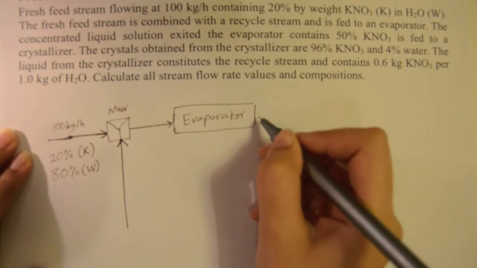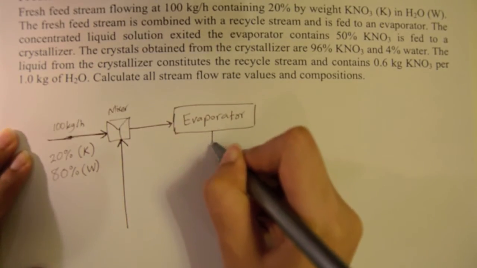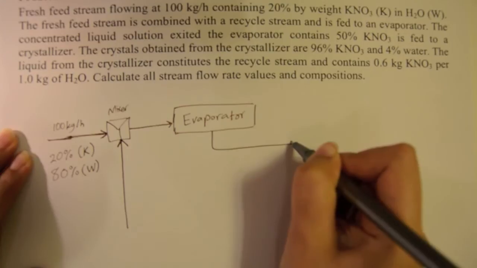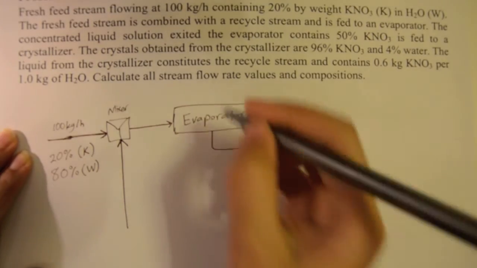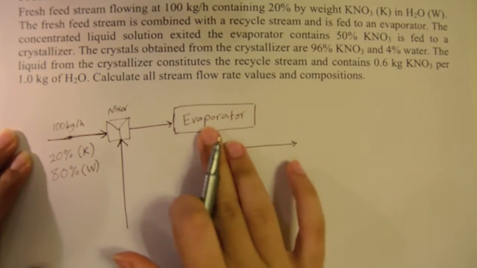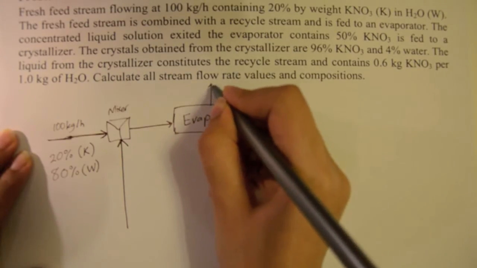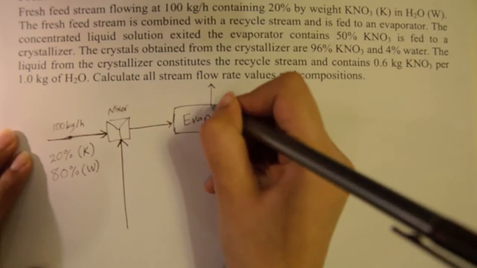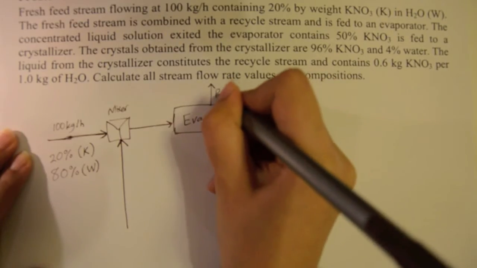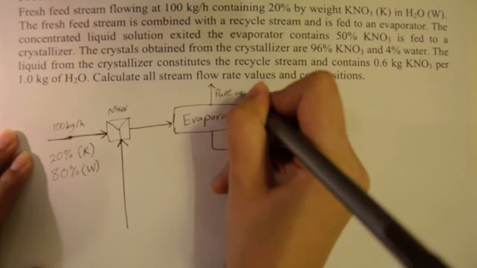So from the evaporator there is a stream coming out, and of course the work of the evaporator, we all know that it evaporates pure water. So there is a stream here, we can write pure water.